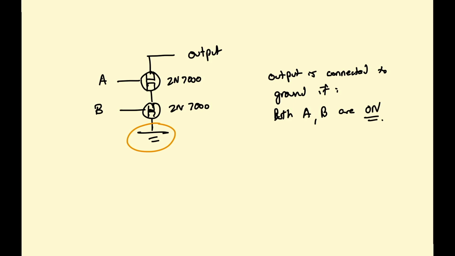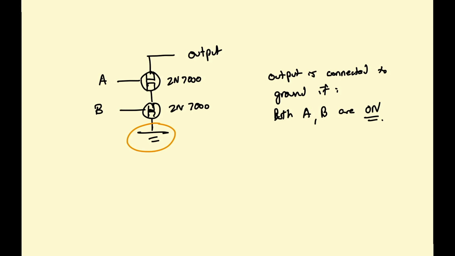Okay, because remember, an N-type transistor, if you apply voltage to the gate, which is the pin 2, it allows current to flow between the pin 1 and pin 3. So putting voltage on the gate turns it on. And so there's only a connection between the output and ground if both of these things are on.